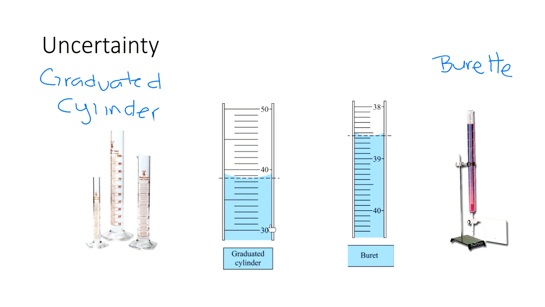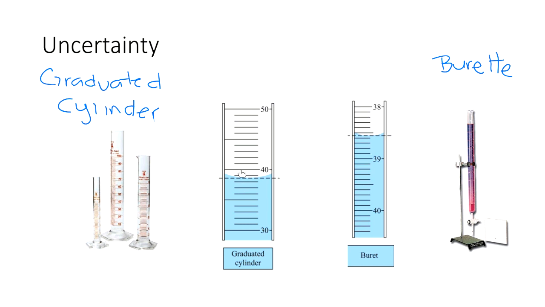Now, if we read this scale, we can see that between 30 and 40 we have 10 milliliters. That means each one of these 10 small lines represents 1 milliliter. So 31, 32, 33, 34, 35, and that's a bigger one, 36, 37, 38, 39, and 40.